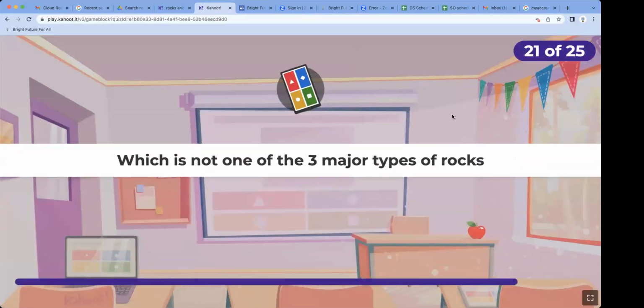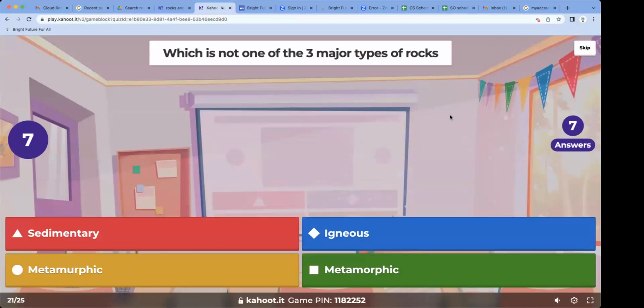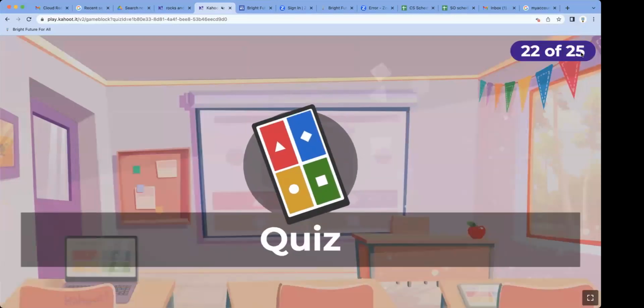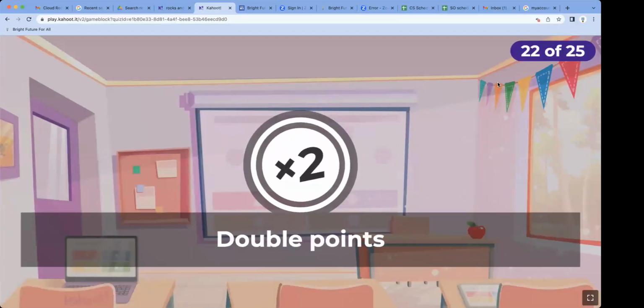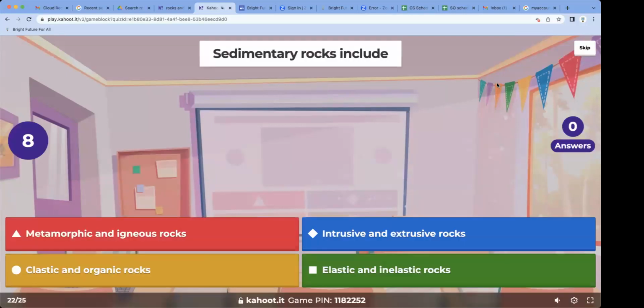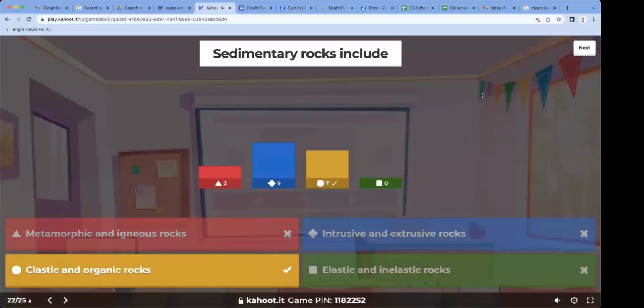Which of the following is not one of the three major types of rocks? Sedimentary rocks include, yeah, it's clastic and organic rocks.